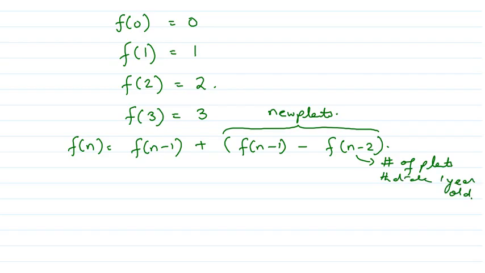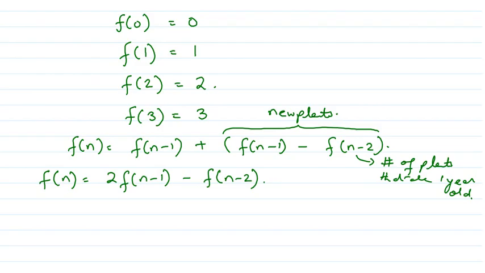So f of n is 2 times f of n minus 1 minus f of n minus 2. This is the equation giving you the new plants that are adding in, right?